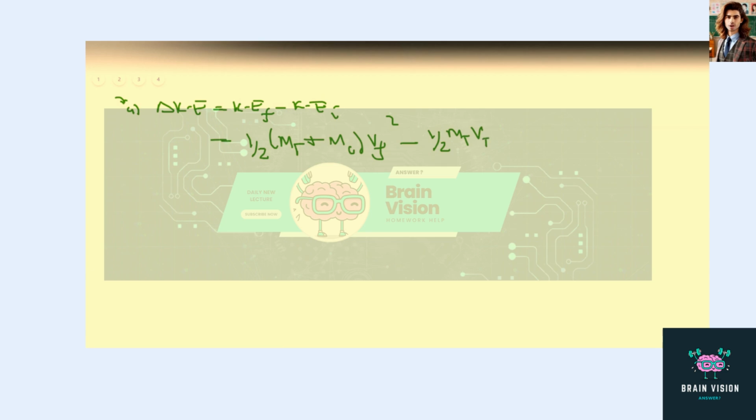This is the initial kinetic energy of the truck, and then plus, we need a parenthesis there just to make our life easier, plus the initial kinetic energy of the car.